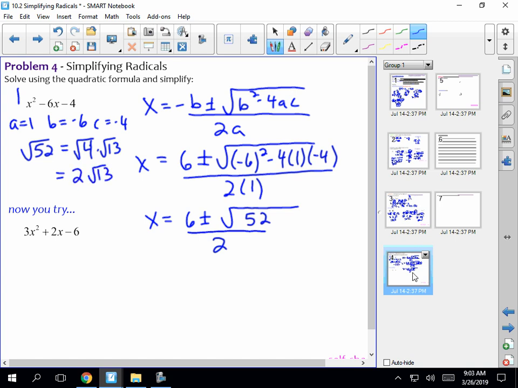So I'm going to rewrite the square root of 52 as 2 times the square root of 13.